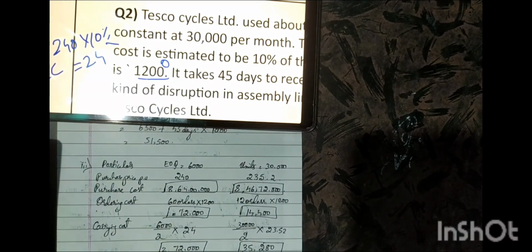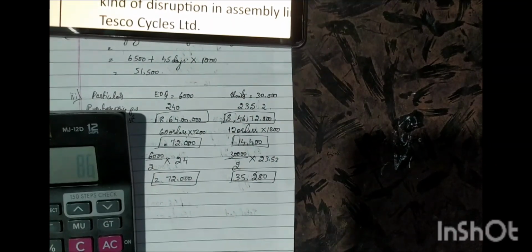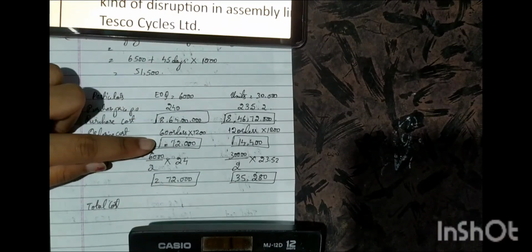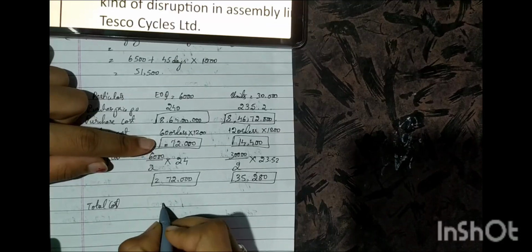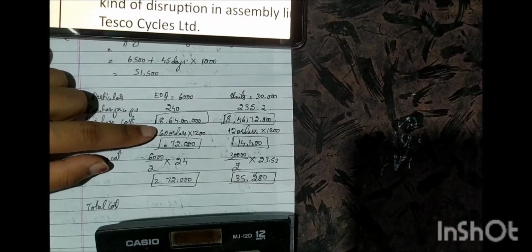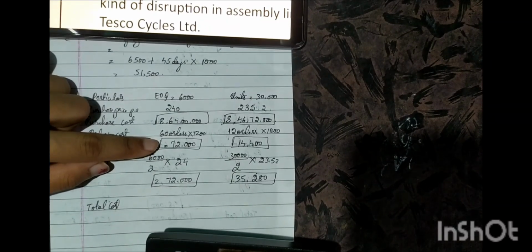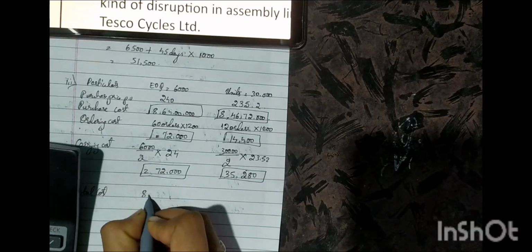So the total cost comes out to be 8 crore 64 lakh plus 72,000 plus 72,000. Sorry, something went wrong. 8 crore 64 lakh plus 72,000 plus 72,000, yeah, it is 8 crore 65 lakh 44,000.